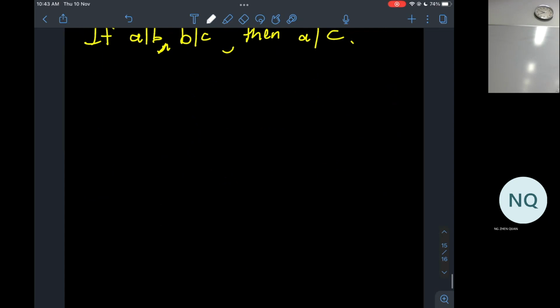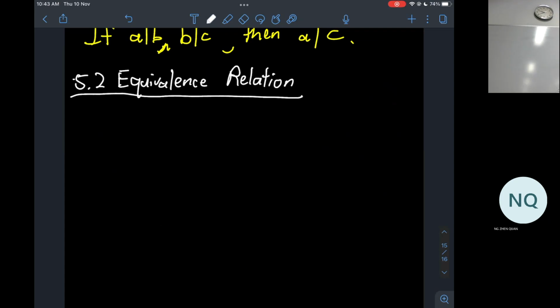So the next part, equivalence relation. What is an equivalence relation?